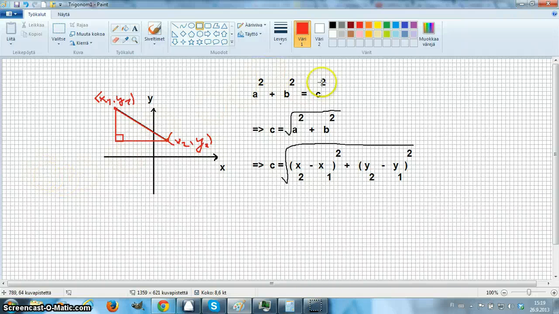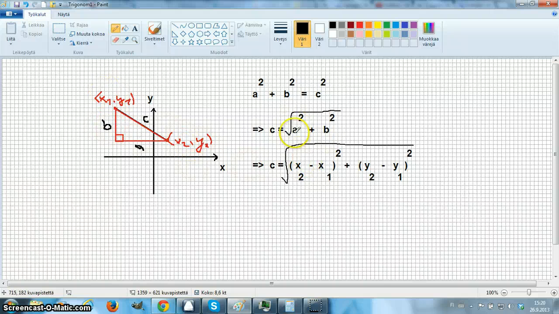So we can use the Pythagoras theorem, and this is how we use it. We find this C. Let's draw a C. What I mean is C is the hypotenuse of A and B. So what are these A and B in these coordinates?